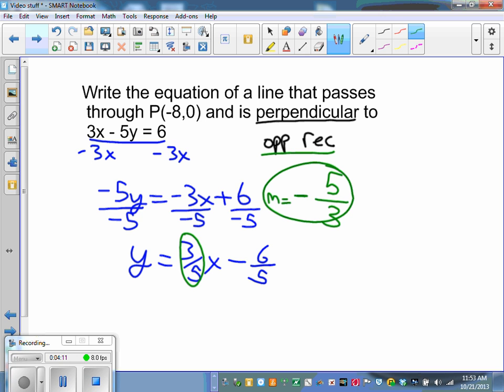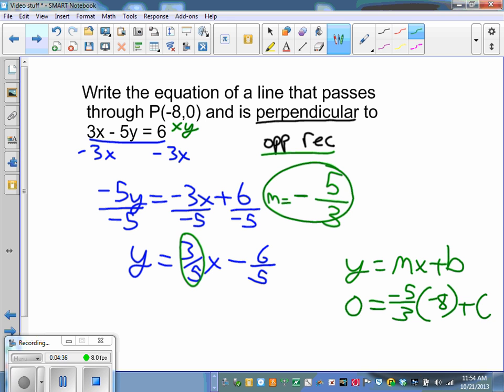We have an x and a y from my point, and we're going to write it so we can solve for b. So we have y = mx + b. All right, my y is 0 equals, and then we have my slope, which is -5/3 times -8 plus b.